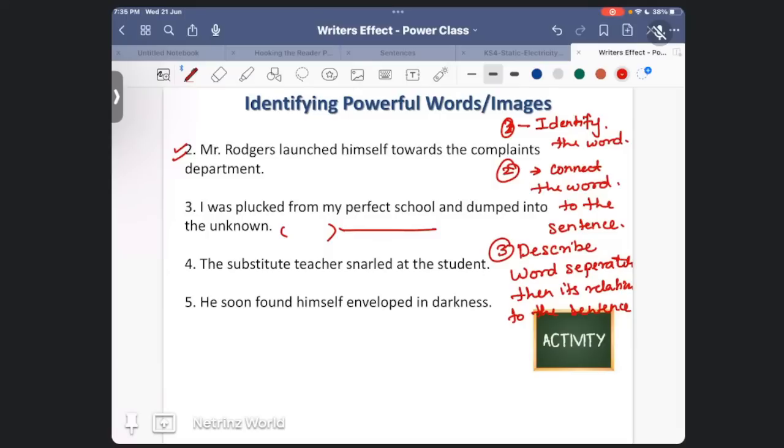Okay, you have to answer the fifth sentence.